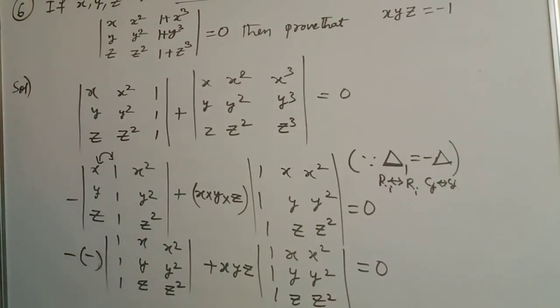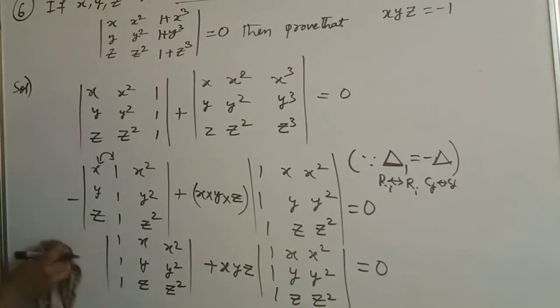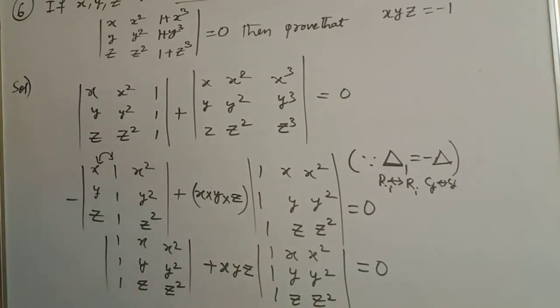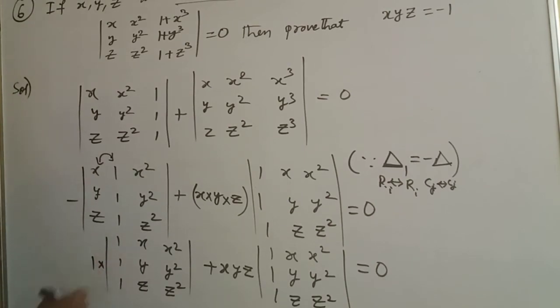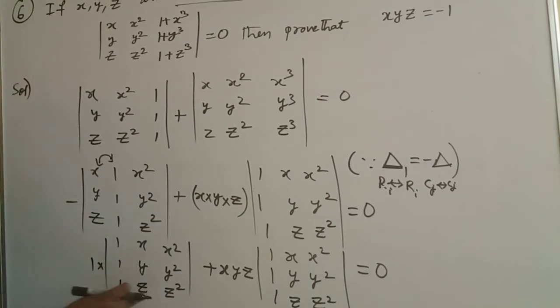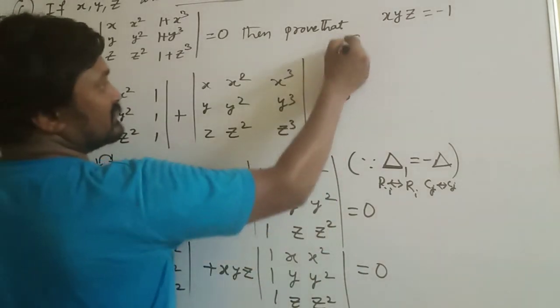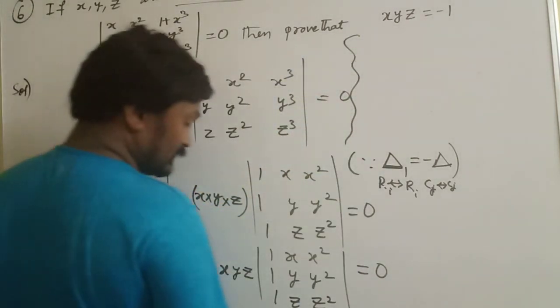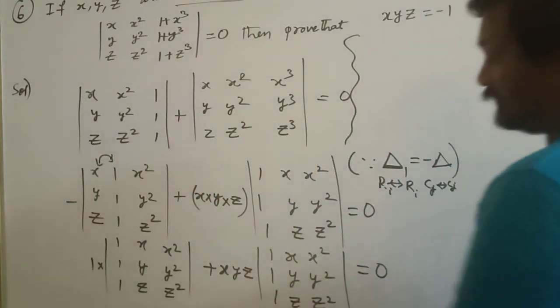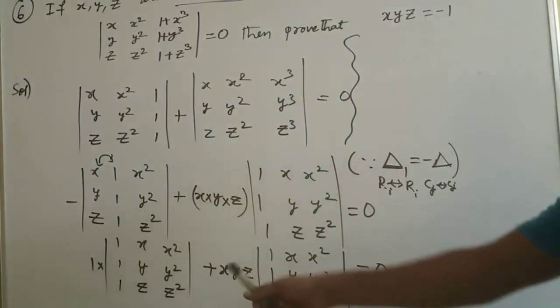Now minus into minus is plus, so I'm not writing this, I'm just going to rub it. Here nothing is there, it is multiplied with 1. You observe that in both this is common, so we can take it common. This is also one property we already learned, but even the common method we can use and complete.